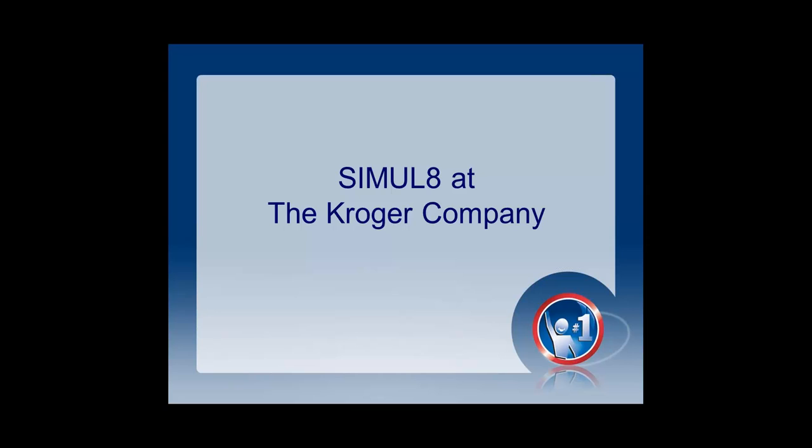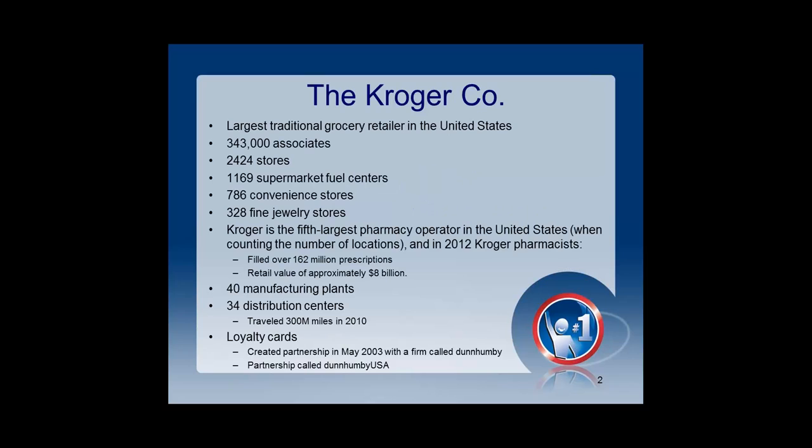So what I'd like to do is at least give you a brief overview of what Kroger is. Kroger is actually the largest traditional grocery retailer in the U.S. We have over 340,000 associates, over 2,400 stores, fuel centers, convenience stores.